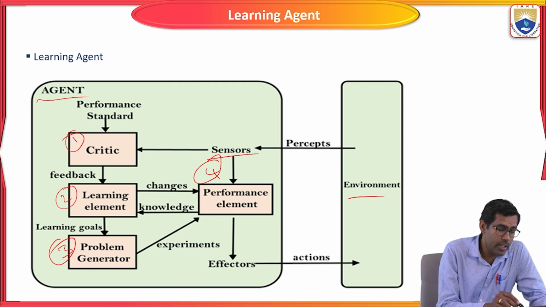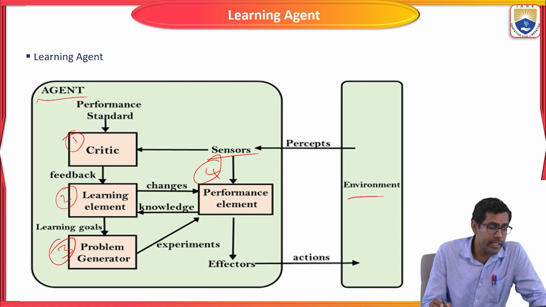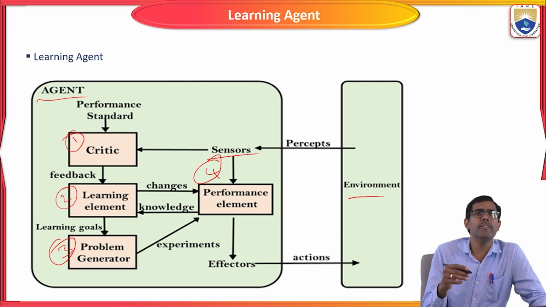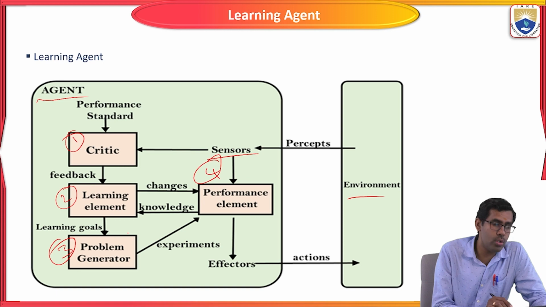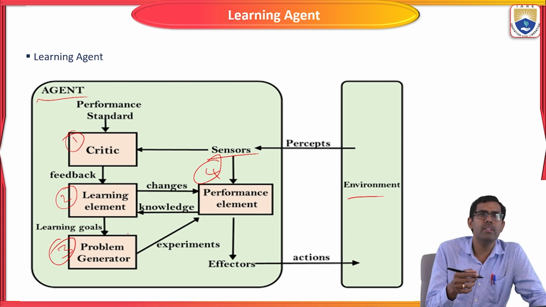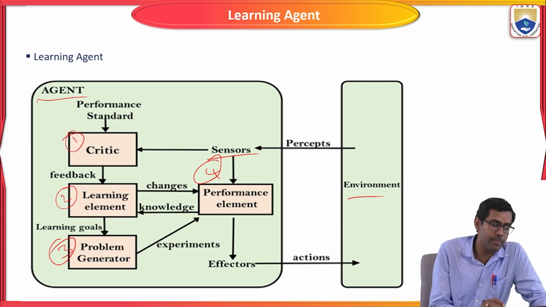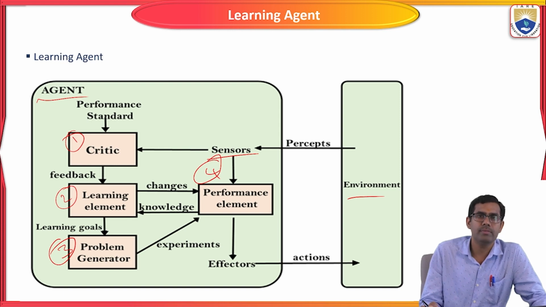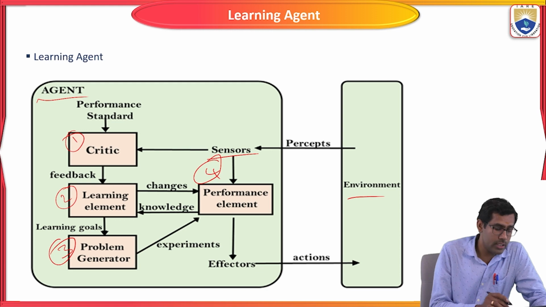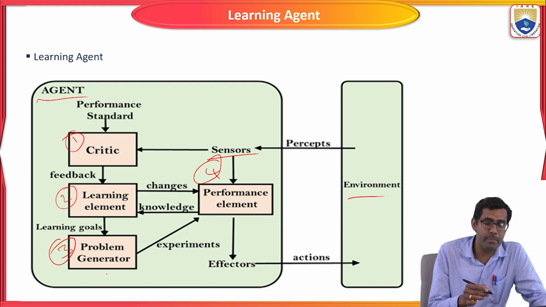Through the critic, we get the feedback from the previous one. Based on that feedback, we are going to learn some goals. We are going to set some learning elements, and through those learning elements, we set some goals. So those are the learning goals. With the problem generator, we are going to experiment.